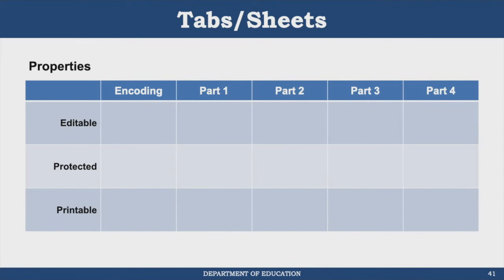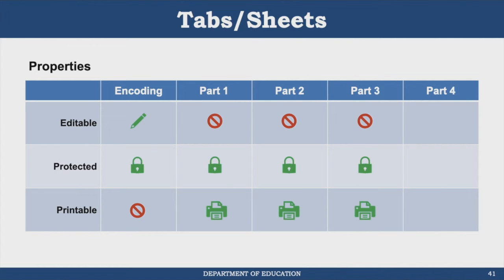Here are the properties of each tab. For the Encoding tab, it is editable because it contains the data collection form. It is also protected, which means you cannot modify this sheet. Only white cells are editable. This form is also non-printable. For parts 1, 2, and 3, they all have the same properties.